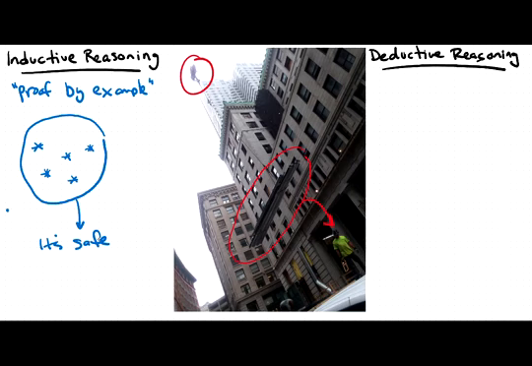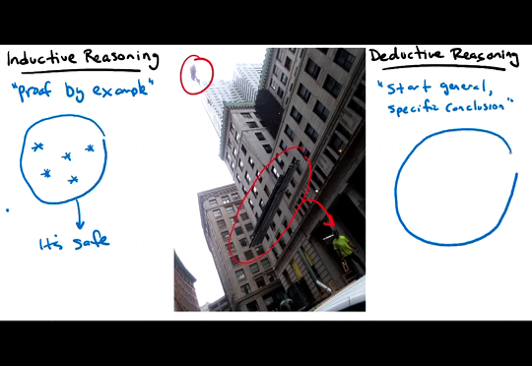Or maybe he's thinking more deductively. With deductive reasoning, you start general, and you come up with a specific conclusion. All right, so maybe he's thinking, most generally, all construction vehicles have to abide by safety regulations, safety standards.